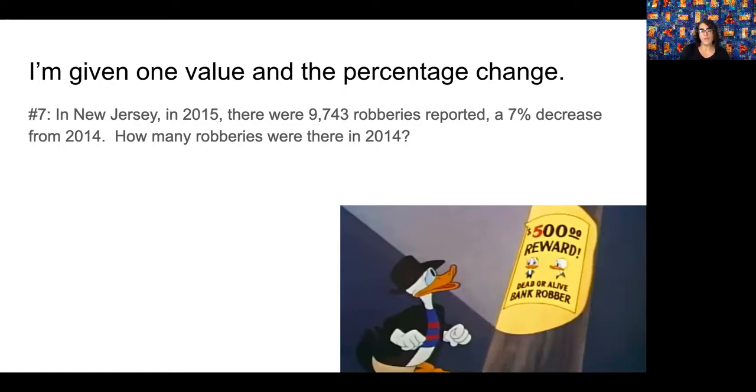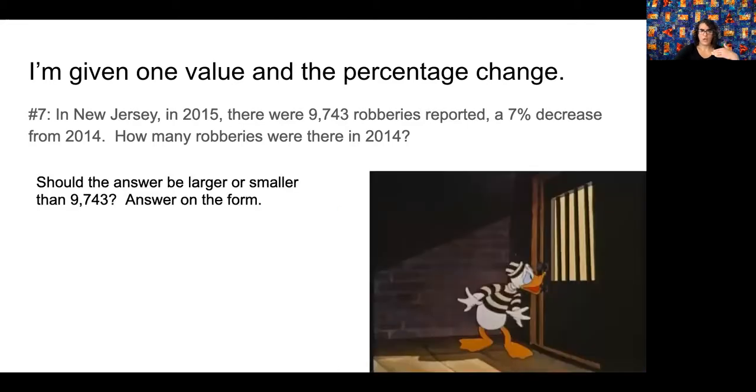So here's a problem. In New Jersey in 2015, there were 9,743 robberies reported, which was a 7% decrease from 2014. The question is, how many robberies were there in 2014? Before I start doing any calculations at all, I want to reality check myself. Should my answer be larger or smaller than 9,743?